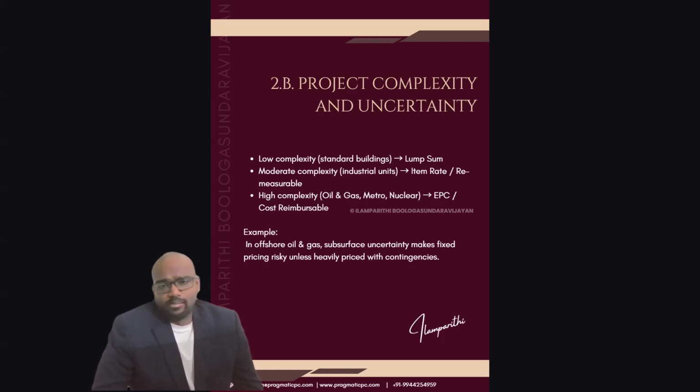If it is highly complex, like oil and gas projects, metro projects, nuclear projects, we definitely go with EPC or cost reimbursable. For example, in oil and gas projects, subsurface uncertainty makes fixed pricing always risky, unless heavily priced with contingencies.